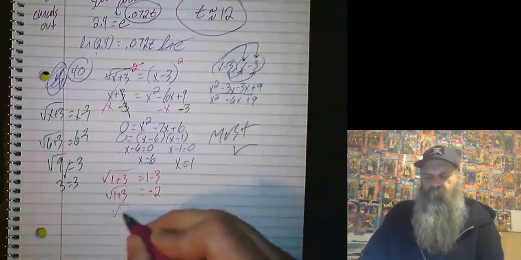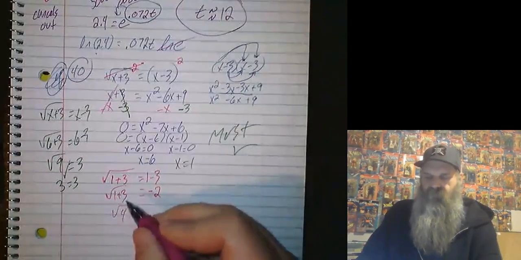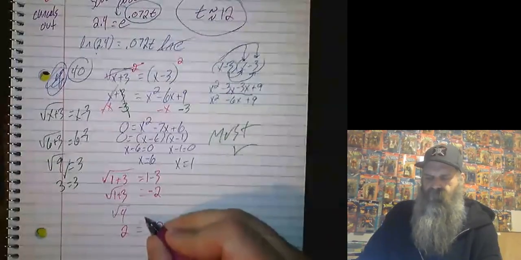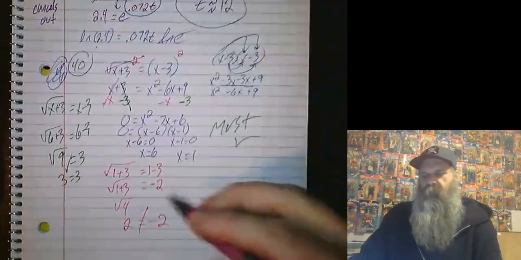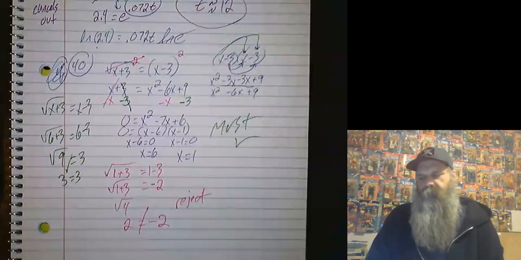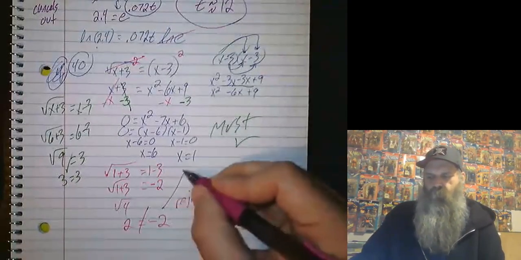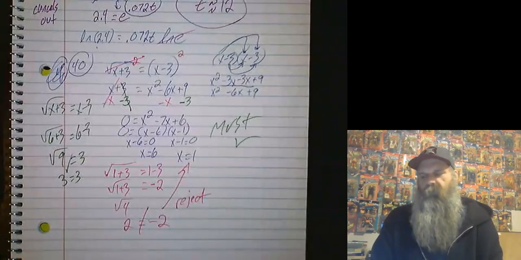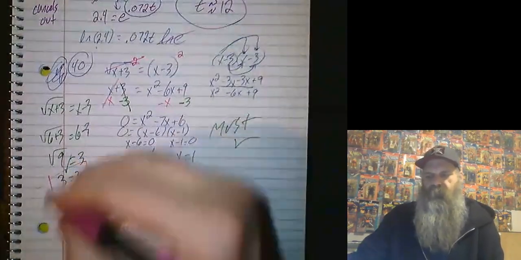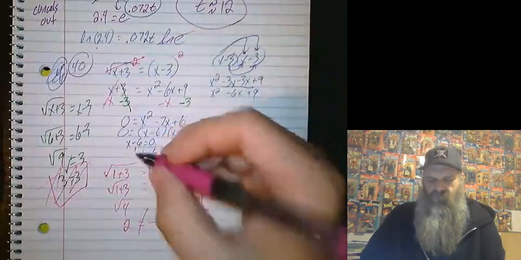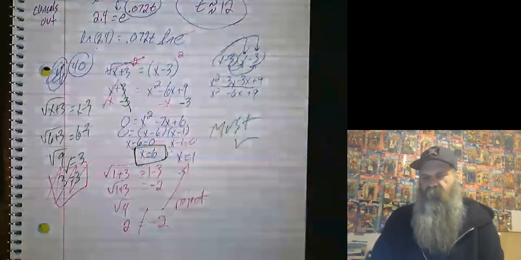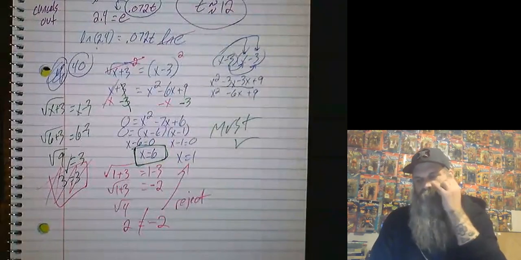Still, 1 plus 3 is 4, and the square root of 4 is 2. 2 does not equal negative 2. So you have to reject what brought us here, which was 1. So we reject 1 as a solution. The only answer is x equals 6.